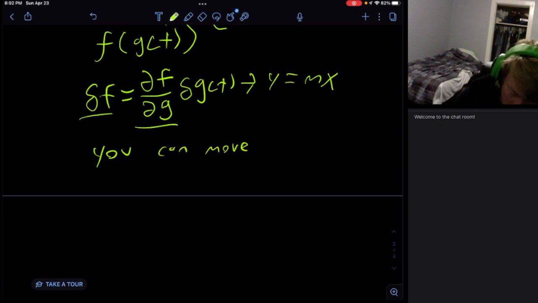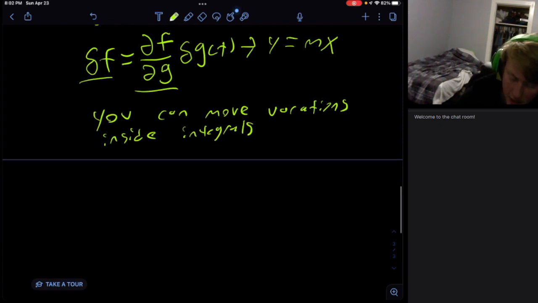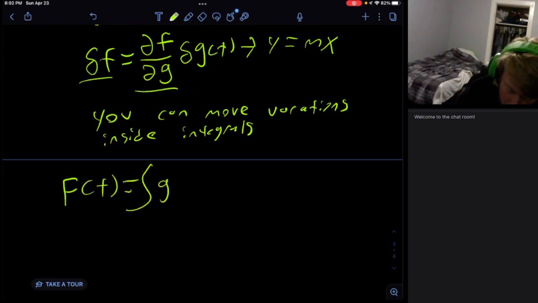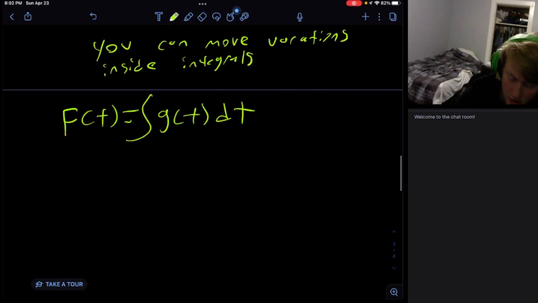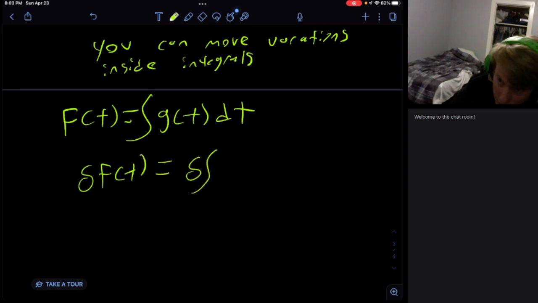So what this basically means is if I have some big integral of f of t, and I want to take a variation, I can do the variation of it, and that would be equal to this variation, because we're doing the same operator on the same quantity here.